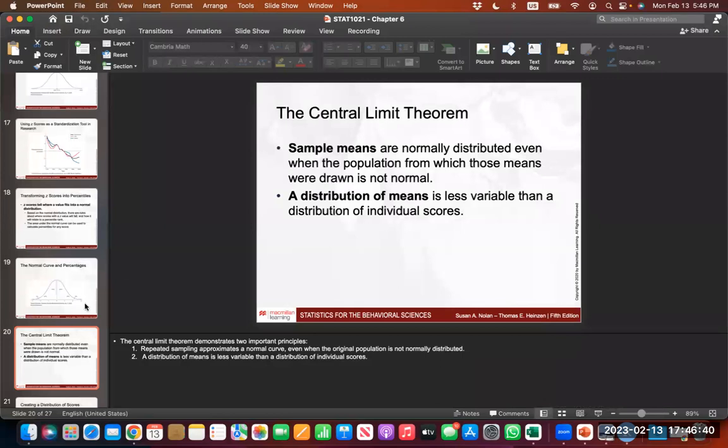And this is important to keep in mind for hypothesis testing. Usually the distribution of the sample means distributes normally, even if the source population from which you're drawing it is not normally distributed.